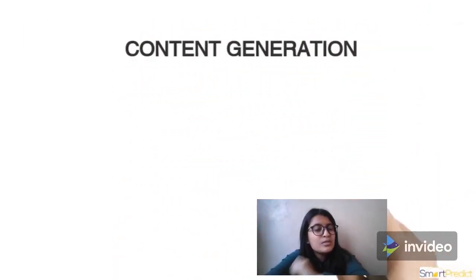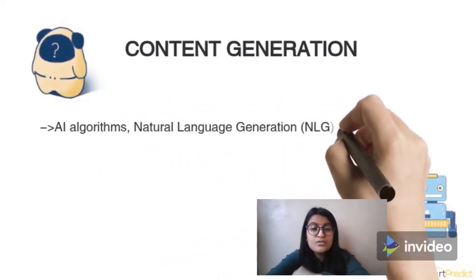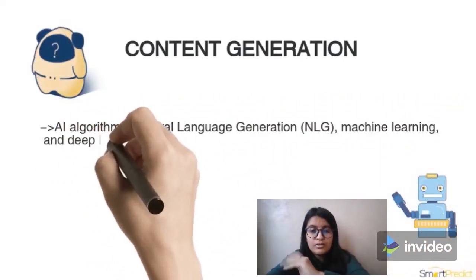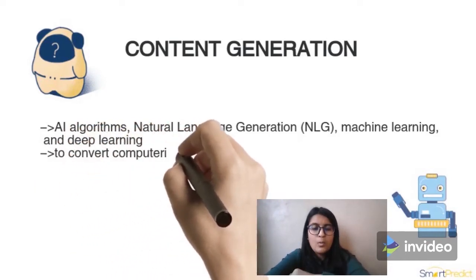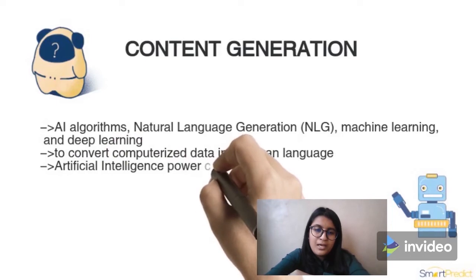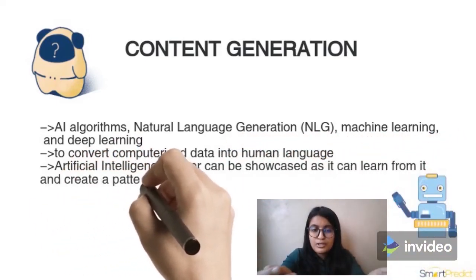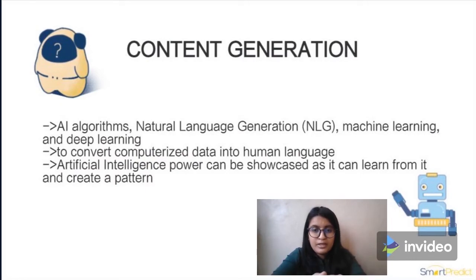So the question here is how artificial intelligence manages to generate content in a human way. Well, the answer lies in the subsets of this topic. We have artificial intelligence algorithms, natural language generation, machine learning, and deep learning. And all those different subsets are needed in order to convert computerized data into human language.